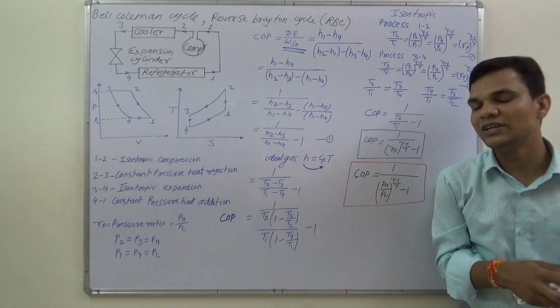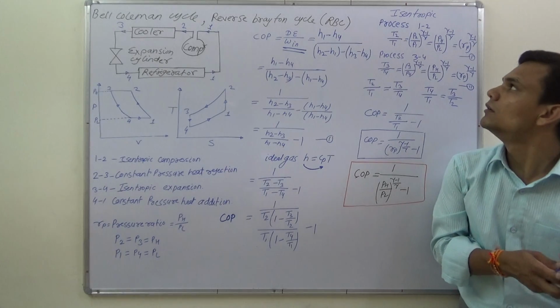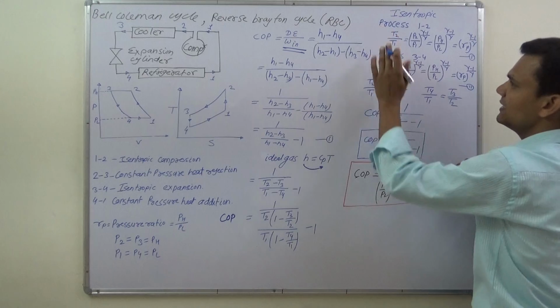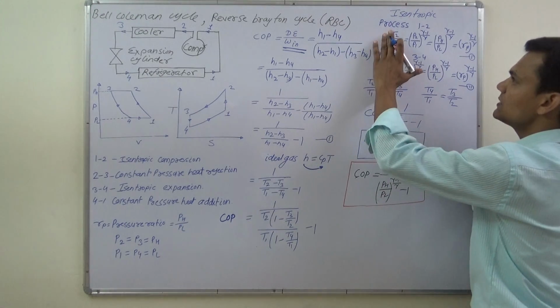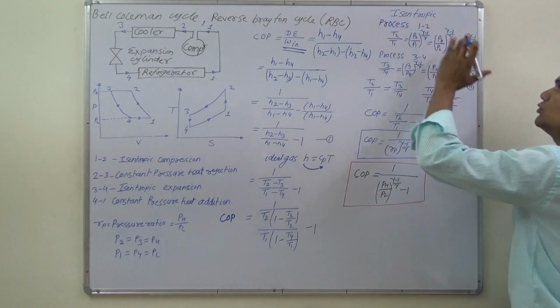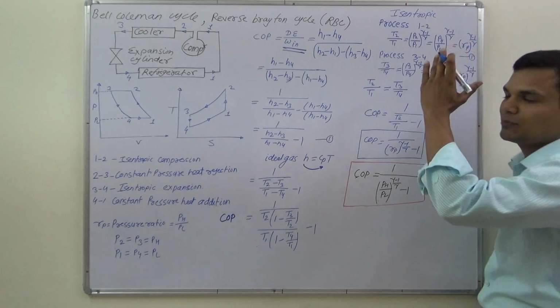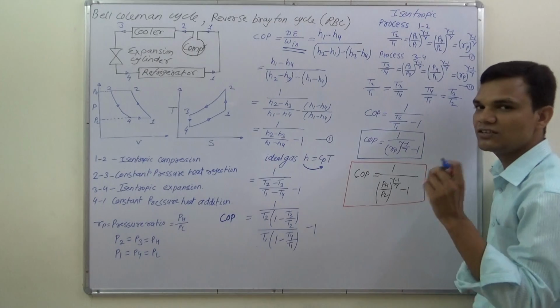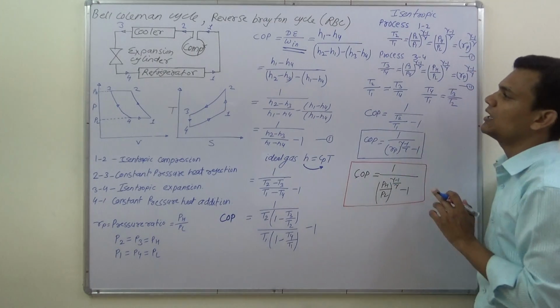From these two equations we are getting one more beautiful result, that is T2 by T1 is equal to T3 by T4, because T2 by T1 is equal to pressure ratio to the power gamma minus 1 upon gamma, and T3 by T4 is also equal to pressure ratio to the power gamma minus 1 upon gamma.